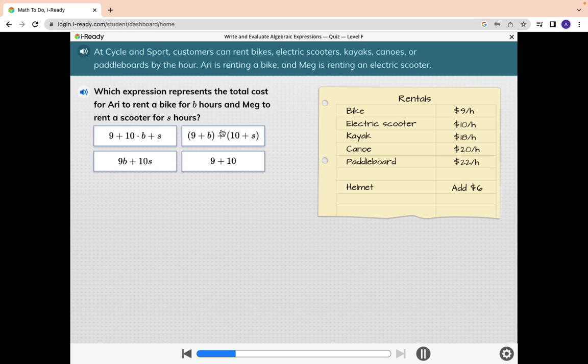So Ari is renting a bike, so 9B plus 10S for Meg renting a scooter for S hours, and we just need to add these two. And then we're gonna have the total cost without the helmet fee.